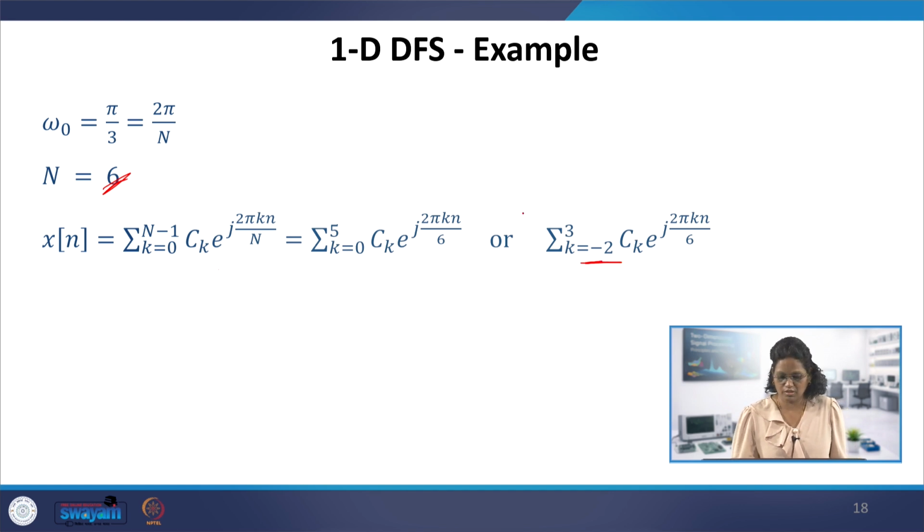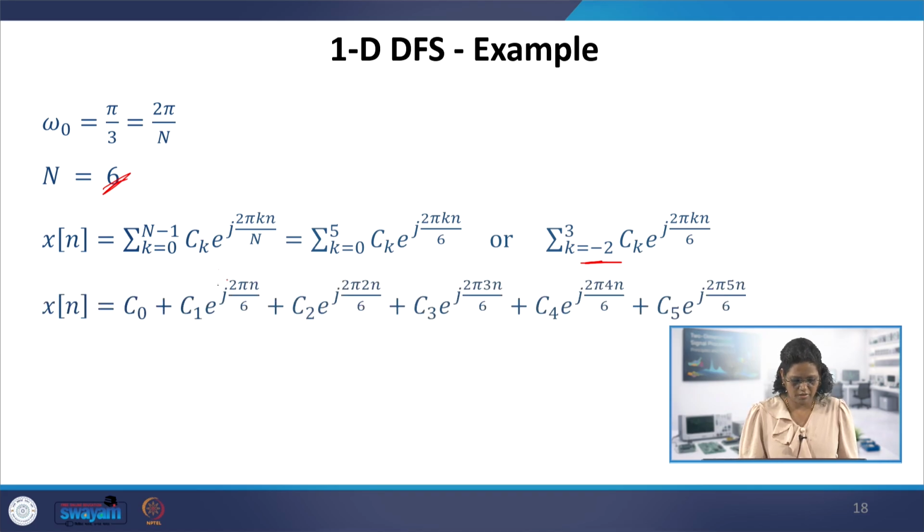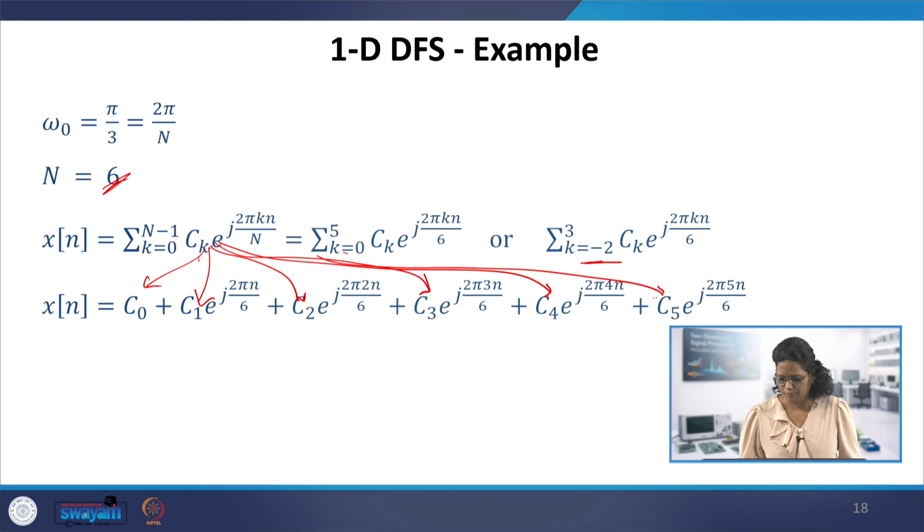This is the periodicity of the sequence. Now get this x of n expanded, with k varying as 0, k1, k2, k3, k4, as well as k5. So similarly these k values are substituted here, and this is the equation.